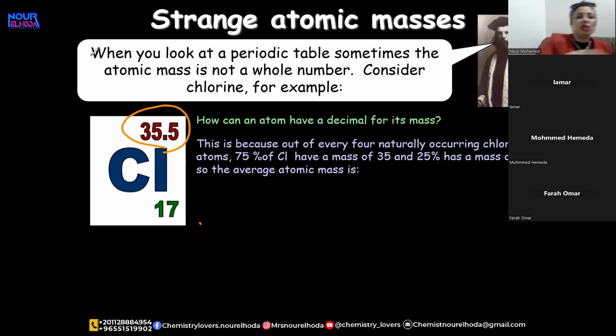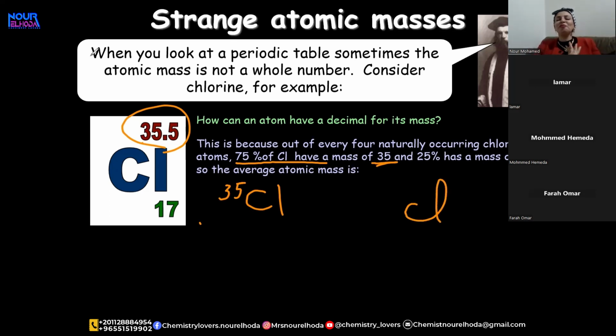This is wrong. Listen about how we will do it. He is going to tell you that in chlorine, there is chlorine 35, which is the mass number, and there is another chlorine 37. He is telling you chlorine 35 is 75%. What do I mean by 75%?